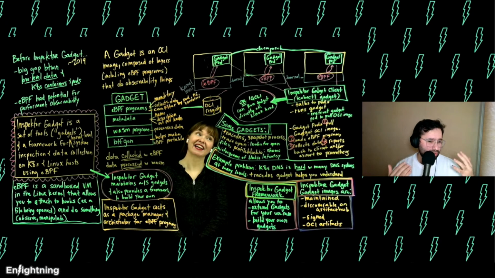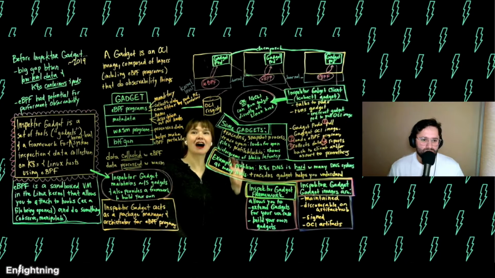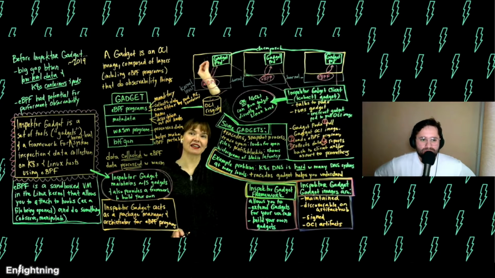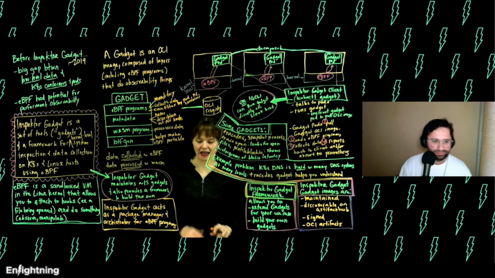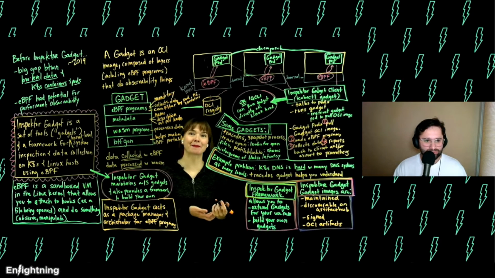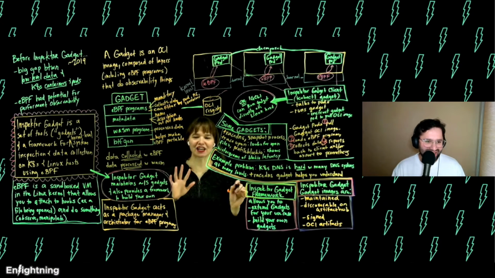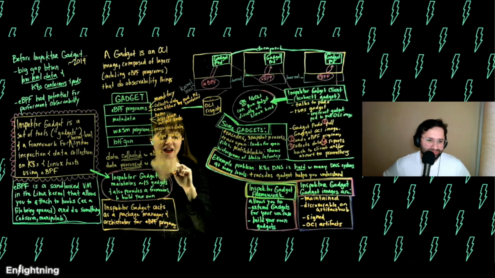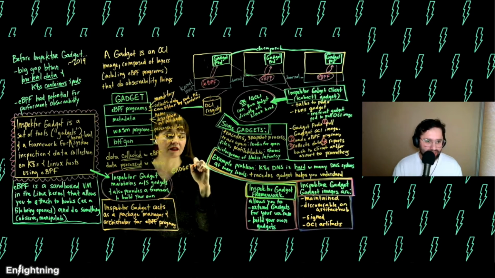And the operators are all happening inside the gadget pod. Is the gadget pod made up entirely of operators, more or less? Yes, the gadget pod uses operators. It's fundamental in our architecture. That's how we do everything.